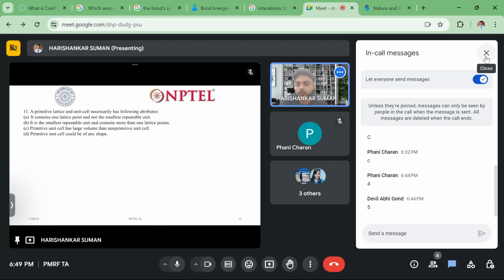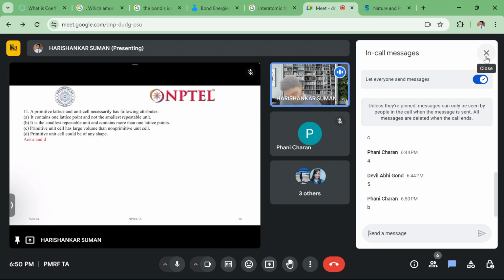Option A: it contains one lattice point and is not the smallest repeatable unit. B: it is the smallest repeatable unit and contains more than one lattice point. C: a primitive unit cell has larger volume than non-primitive unit cells. D: a primitive unit cell could be any shape.